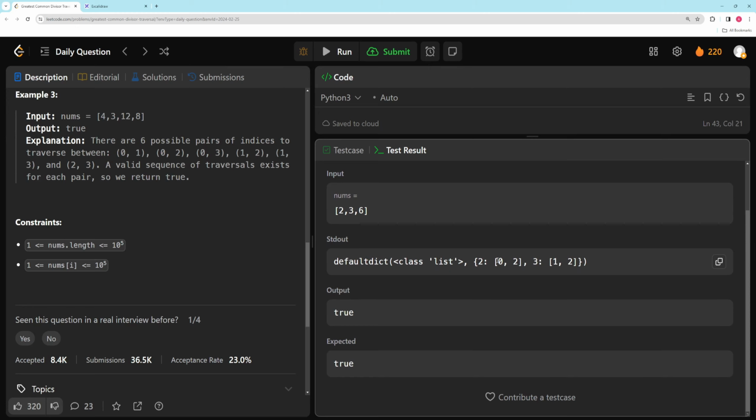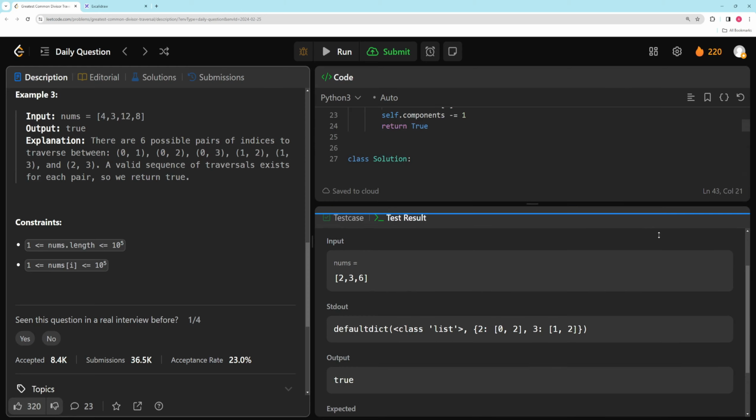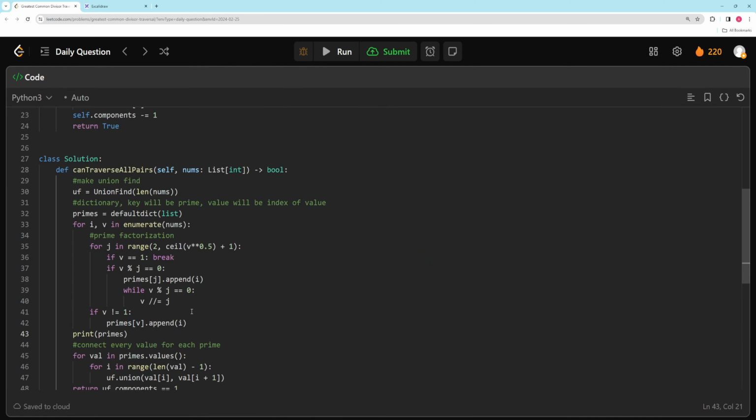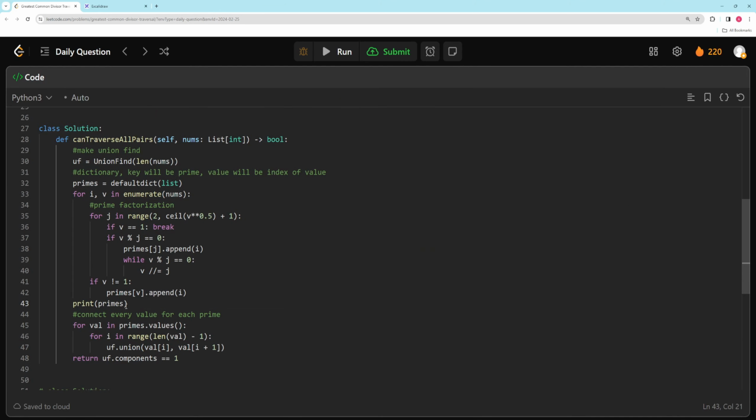And now, once you have this, for every single list, you just connect everything in the list. And because you're using union find, all you have to do is connect adjacent elements. To connect n elements in union find only takes n connections. You don't need n squared. And so that's why it makes it faster. So let's go back to the code. Yeah, so this is what I did here.